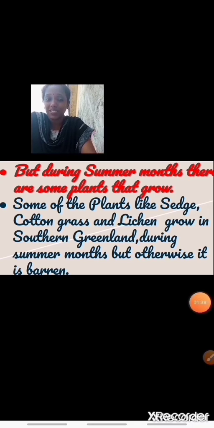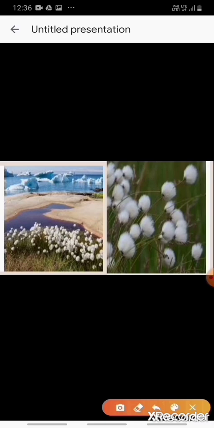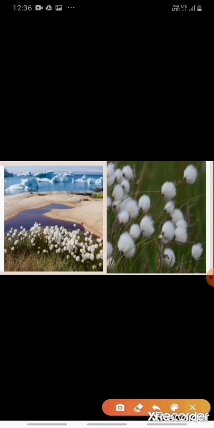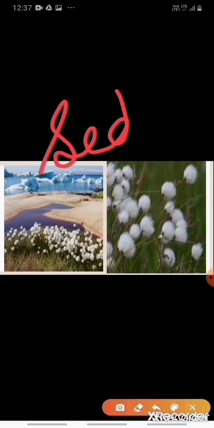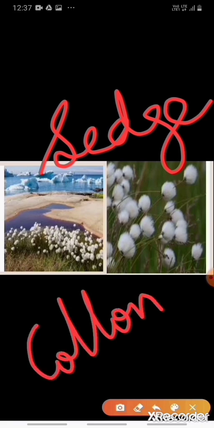Here in the image we can see plants like sedge and cotton grass.